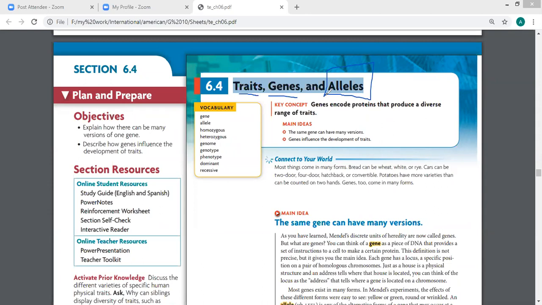Firstly, we know that traits are classified, according to whether they are inherited or not, into two types. We have hereditary traits and we have acquired traits.